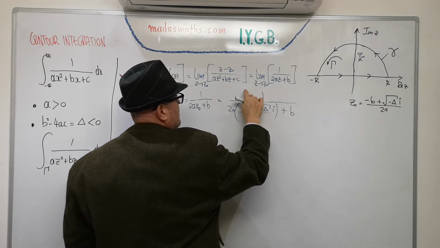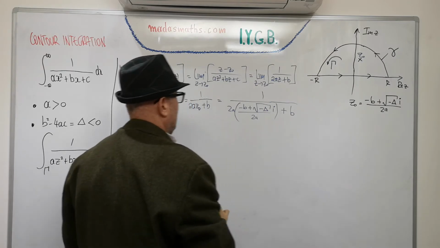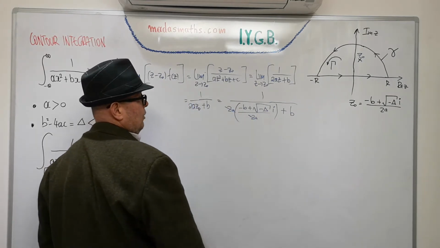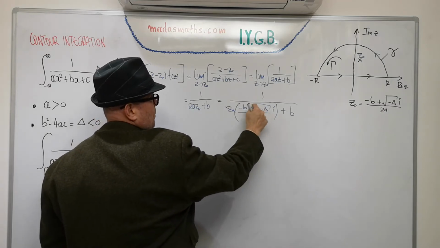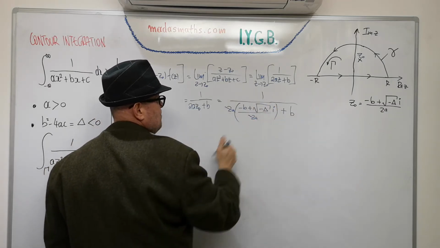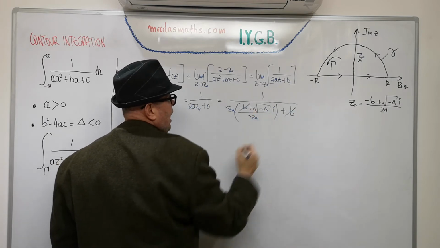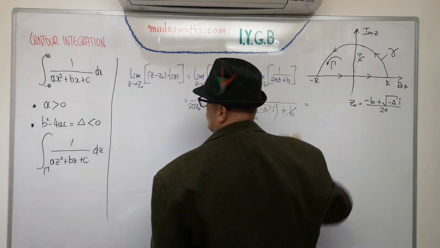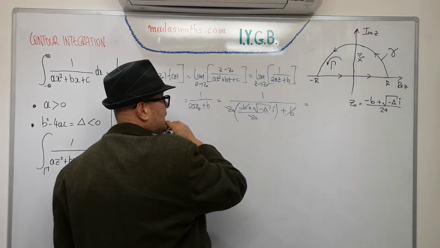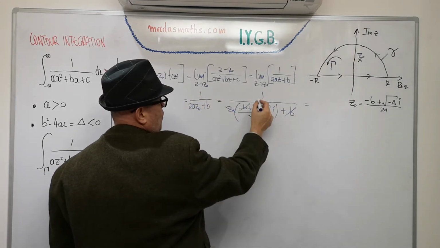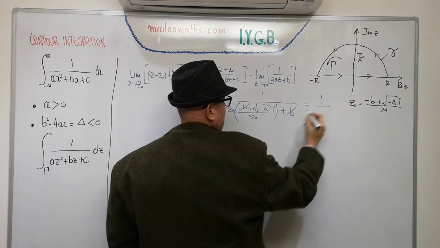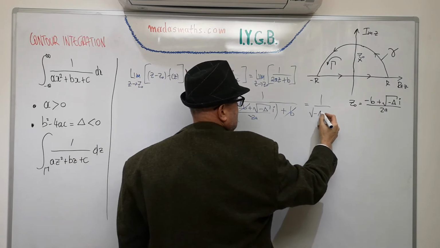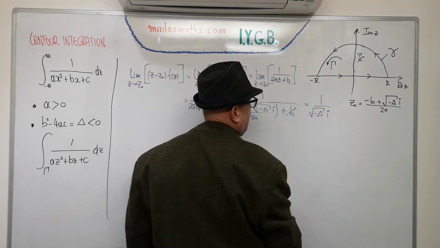I think lots of things cancel, because the 2a's will cancel, and that will leave me minus b plus that lots of i plus b, so the b's will cancel afterwards. So in fact the residue of this pole at z0 is 1 over the negative of the discriminant, lots of i.